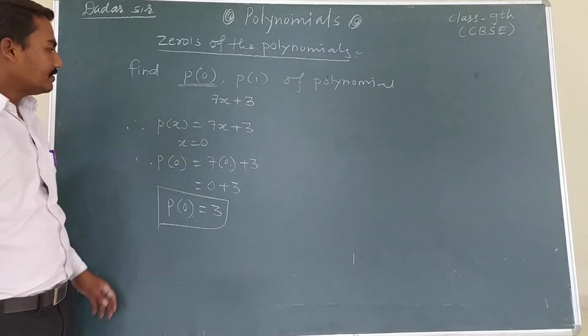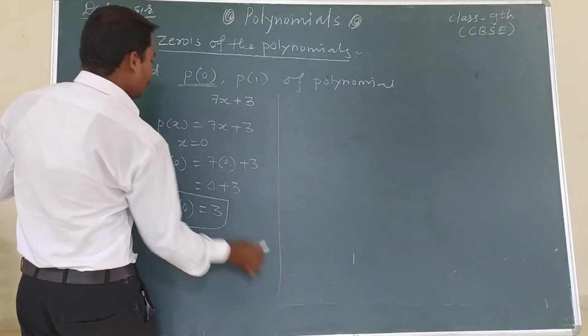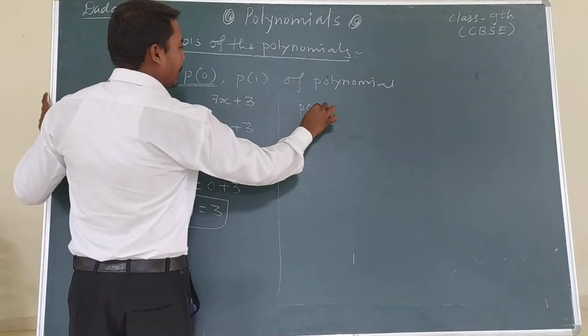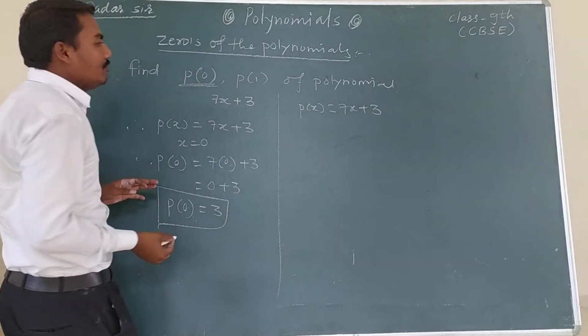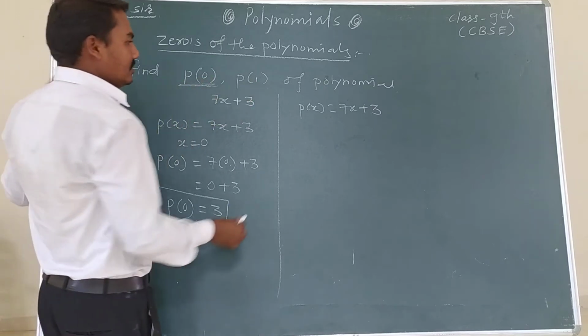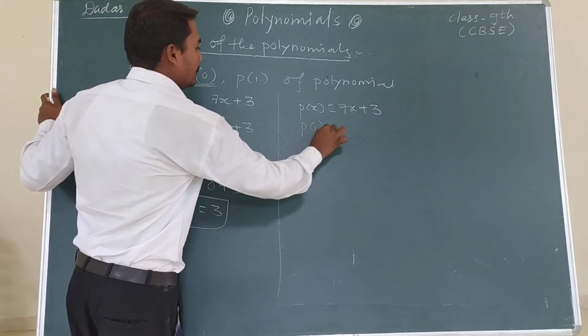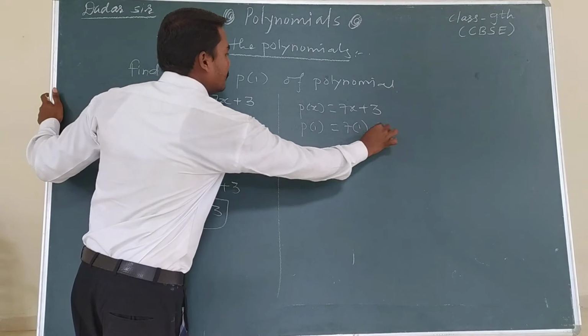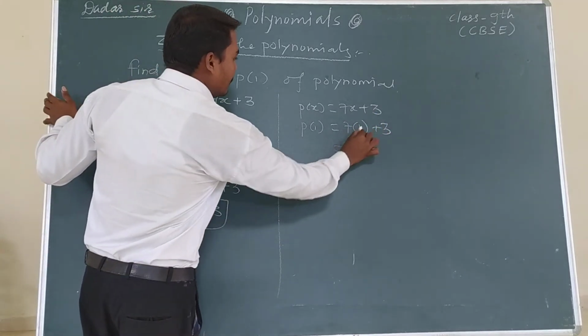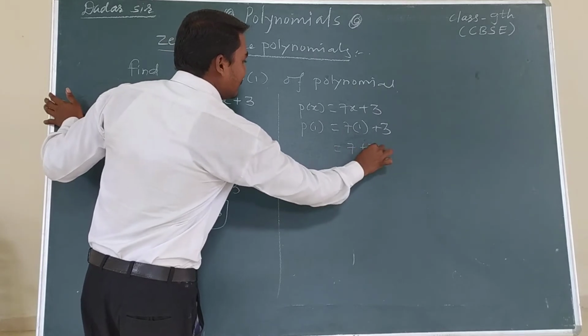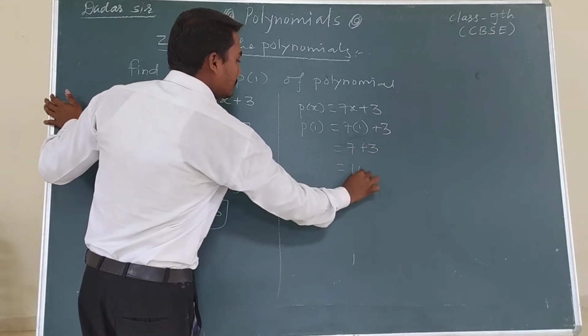Now P of 1. So P of x is equal to 7x plus 3. In that we have to put the value 1. So P of 1 becomes 7 into 1 plus 3. 7 ones are 7, plus 3 as it is. So 7 plus 3 is 10.